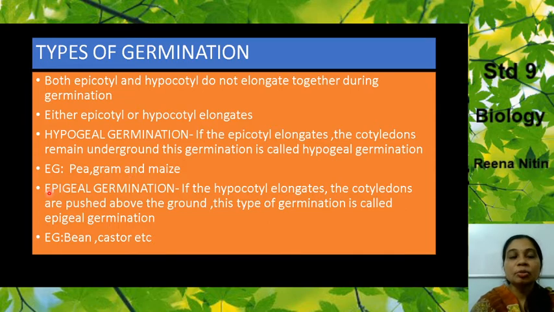Now the next type of germination is the epigeal germination. As I explained to you, in epigeal germination the hypocotyle elongates and the cotyledons are pushed above the ground. So this is the part that is below. When this elongates first, obviously the cotyledons also will rise above the soil, and this type of germination is known as epigeal germination.